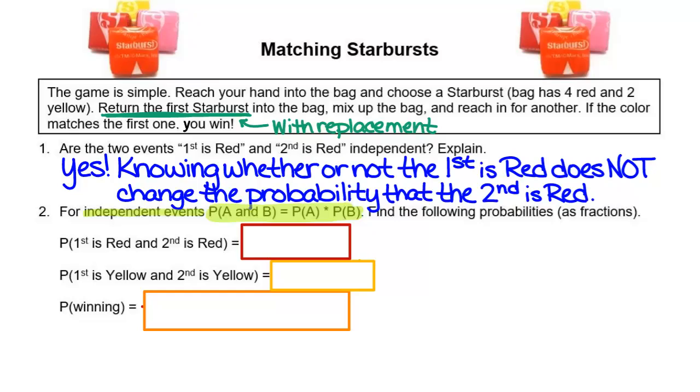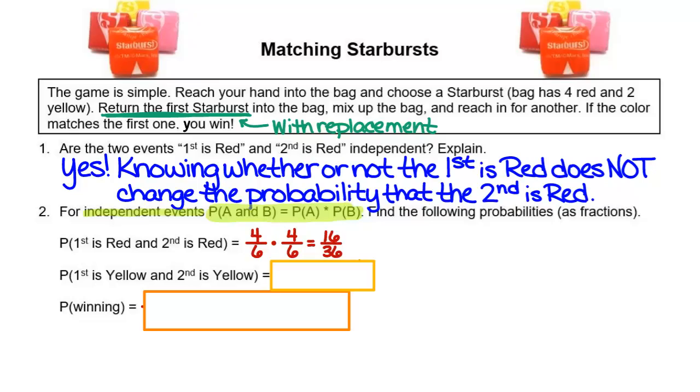So how would I calculate the probability that the first Starburst is red and the second Starburst is red? 4 out of 6 times 4 out of 6. So that gives us 16 out of 36. If you need a reminder for why we can do this, look back at page 7, where we did the Starburst activity last week.